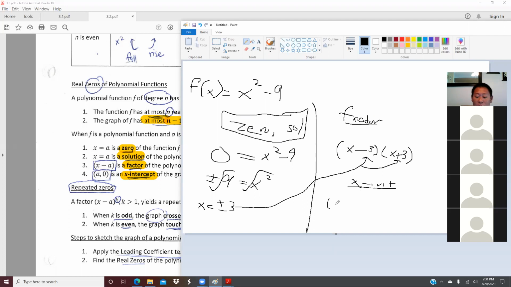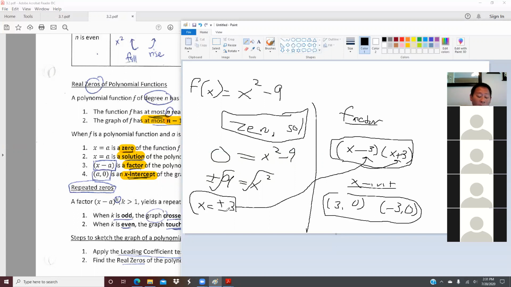In this case, you write 3, 0 and negative 3, 0. This is something I point out to you because it depends on the question. Sometimes the question asks for the zero or the solution, sometimes it asks you to write factors, and sometimes it asks for the x-intercepts. So you have to watch out for the way you write your answer.